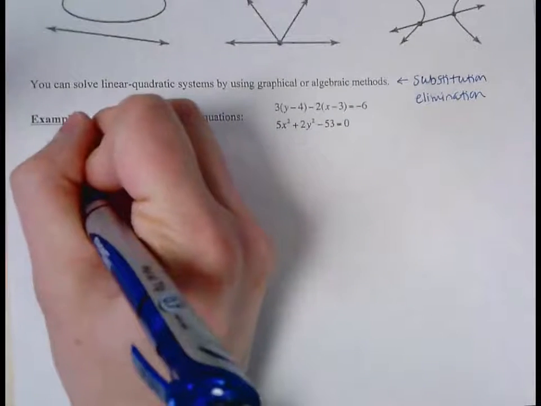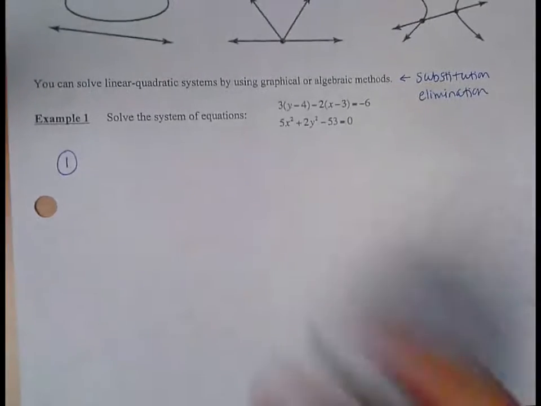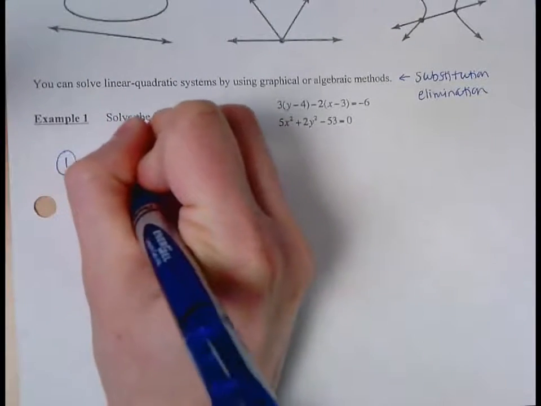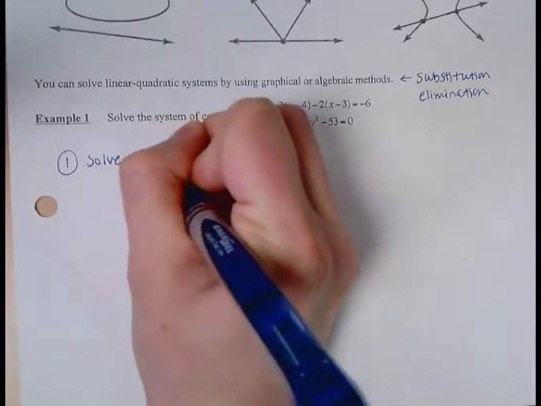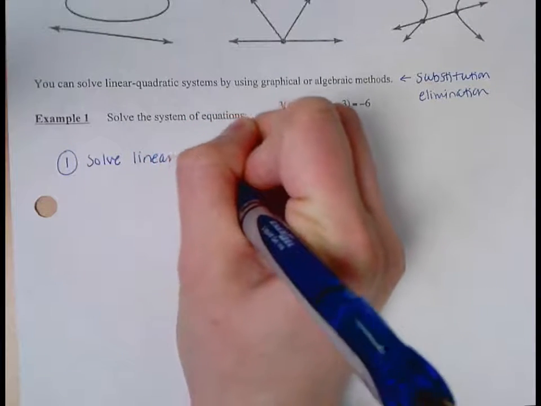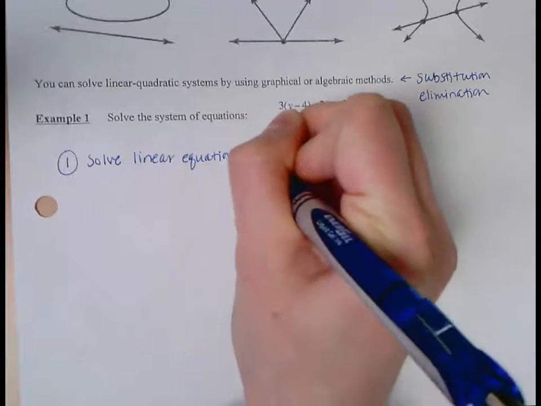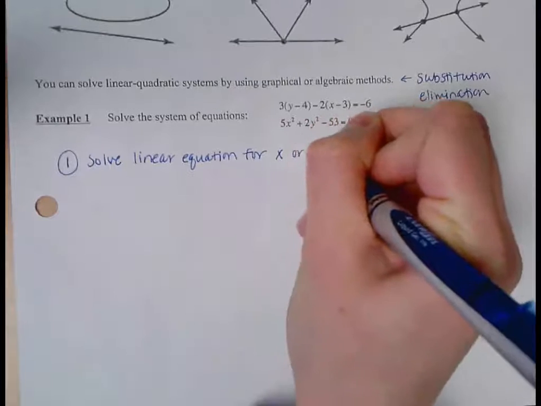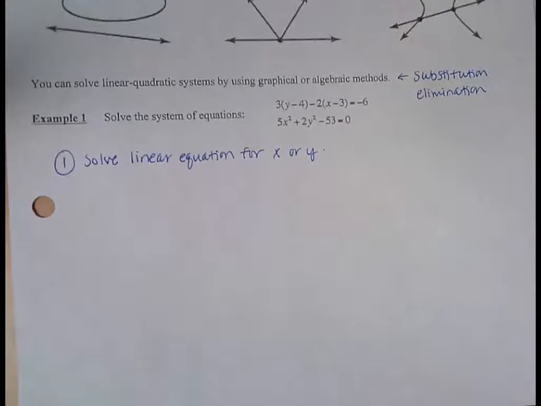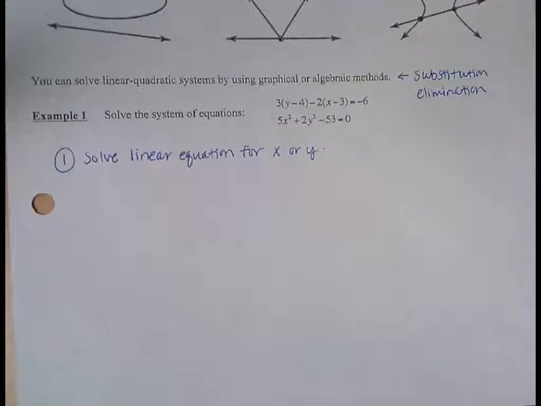So step 1 would be to solve the linear equation for either x or y. So solve the linear equation for one of the 2 variables. Get x or y alone for one of the 2.